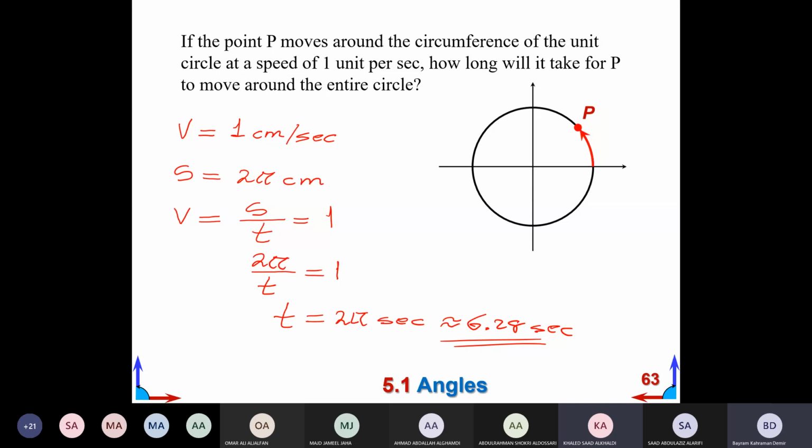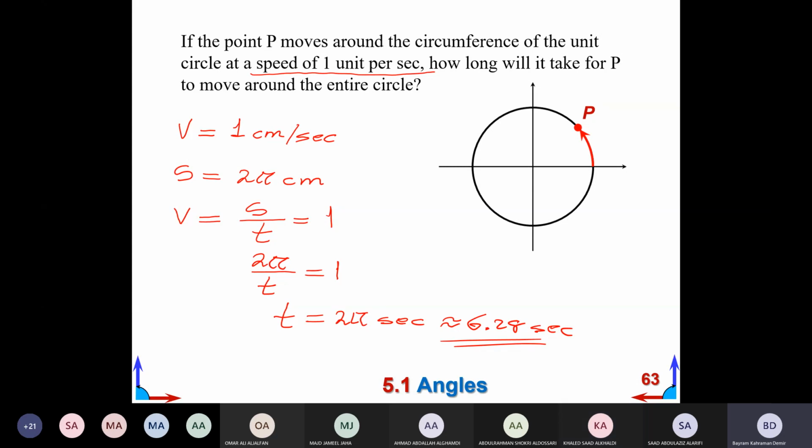Doctor? Yes. We found out that this is a linear equation from the graph, from the point P, that it's an arc. Linear, because it's similar to the last question. Yeah, it is similar. Now they are telling you linear speed. In the other question, they were telling you angular speed. So angular speed was 1 radian per second.